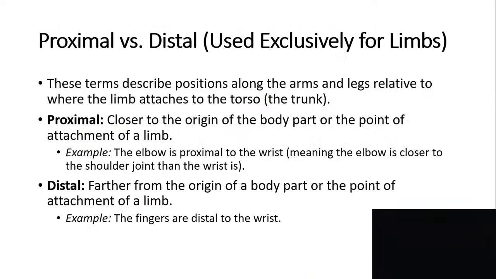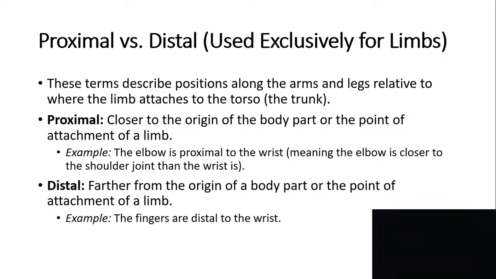Okay, so next is about what we may talk about as proximal versus distal, and these are used exclusively for limbs. So these terms describe the positions along the arms and the legs relative to where the limbs attach to the torso or the trunk.